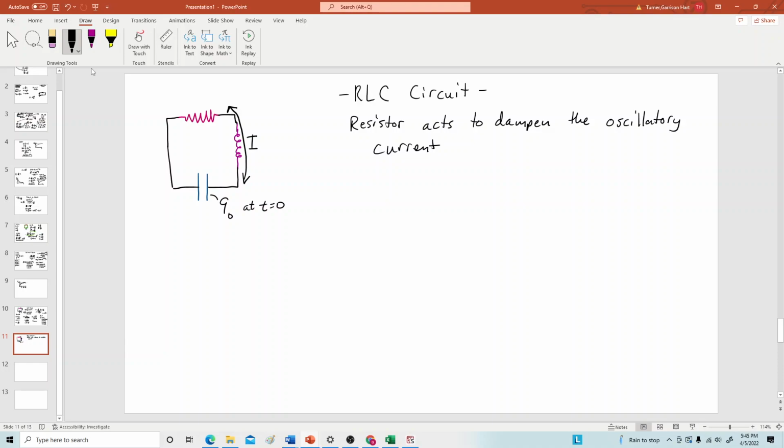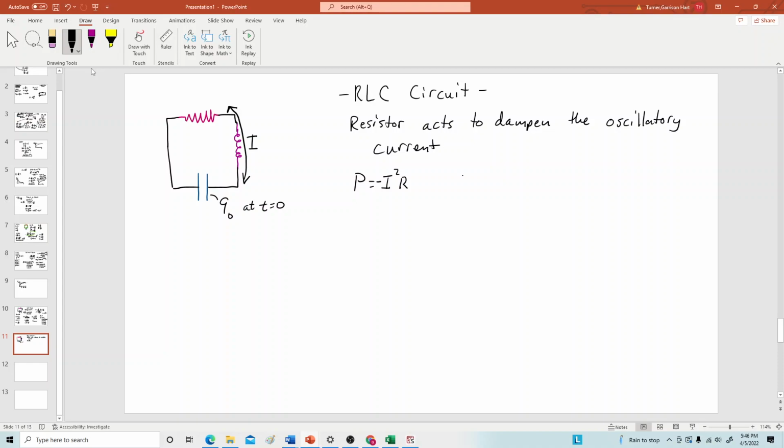So how do we describe this? Well, remember that the power through the resistor is I squared R, right? But we're going to go ahead and call this a loss of power because it's dissipative.